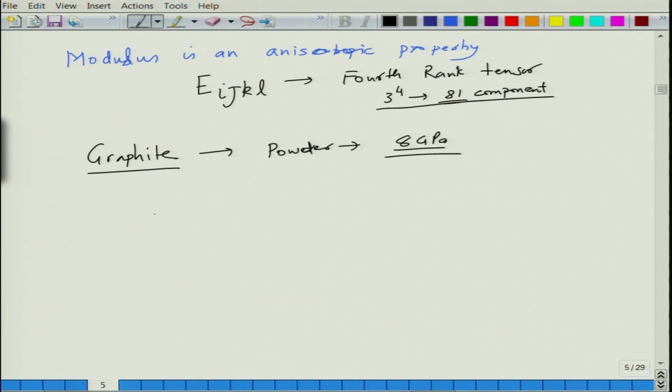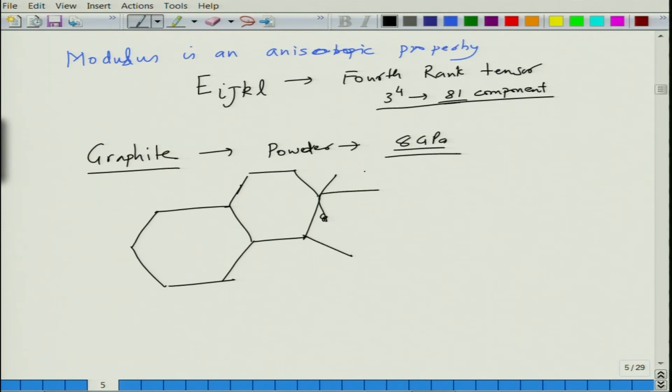Okay. However, as we know, graphite has a structure like this, in which carbon atoms are covalently bonded within the plane, something like that.